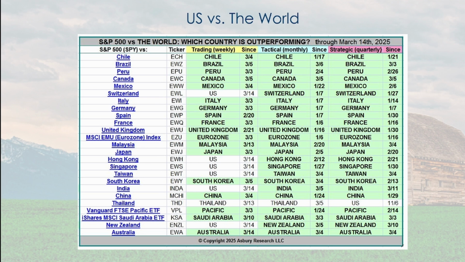So the ones that are stronger than the U.S. for the last week, month, and quarter are Chile, Brazil, Peru, Canada, Mexico, Italy, Germany, Spain, France, UK, Eurozone, Malaysia, Japan, South Korea, China, Pacific, Saudi Arabia, and Australia.